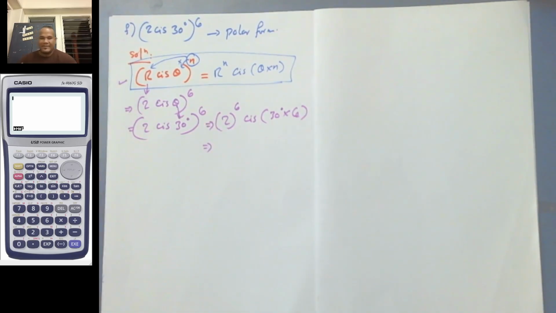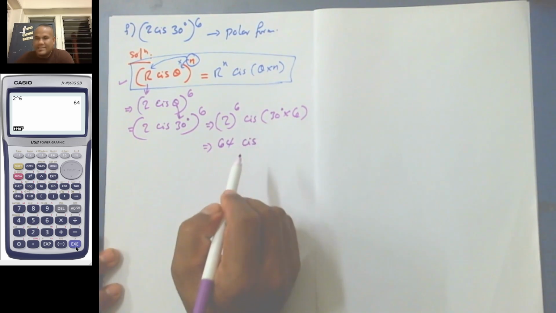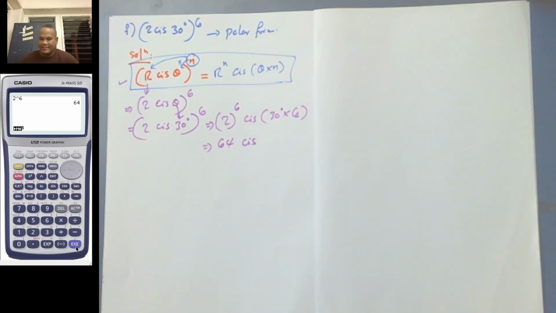Now let's try and find that in our calculator. So 2, our power sign, 6 is what? 64. So our answer here is 64 cis 30 times 6.